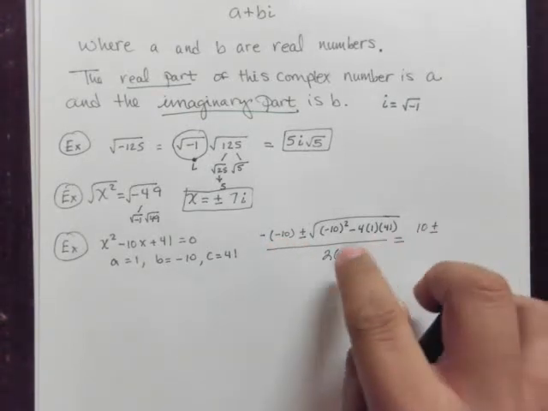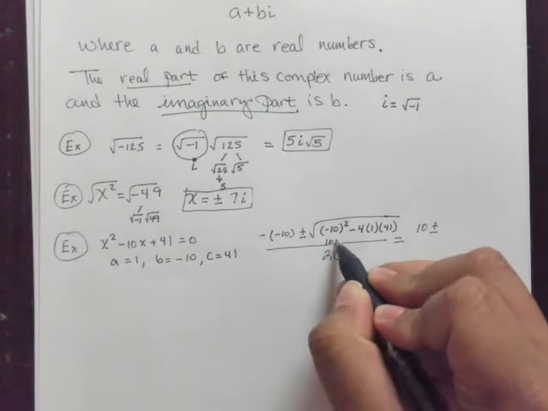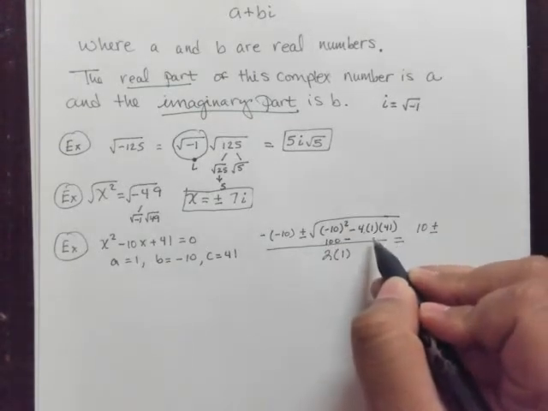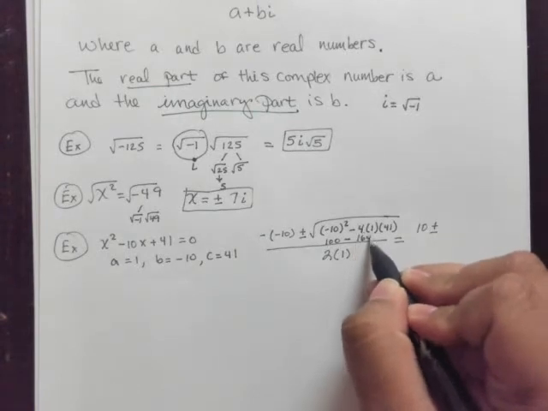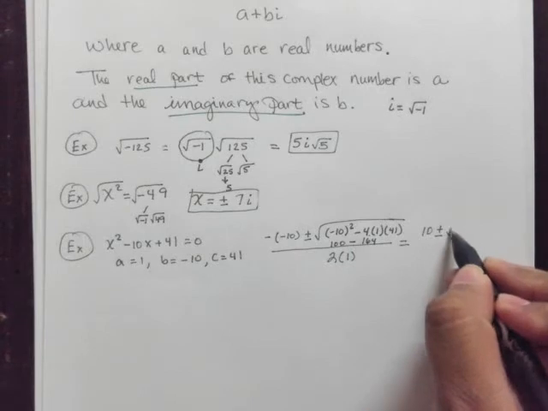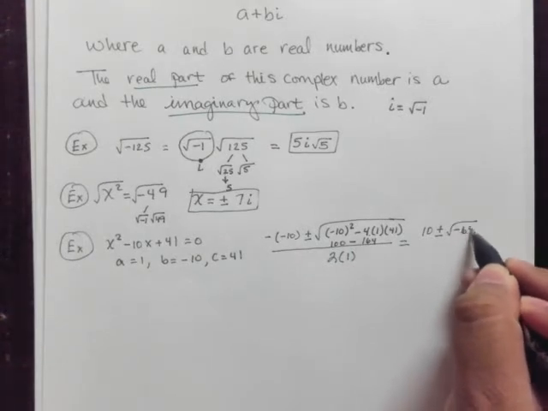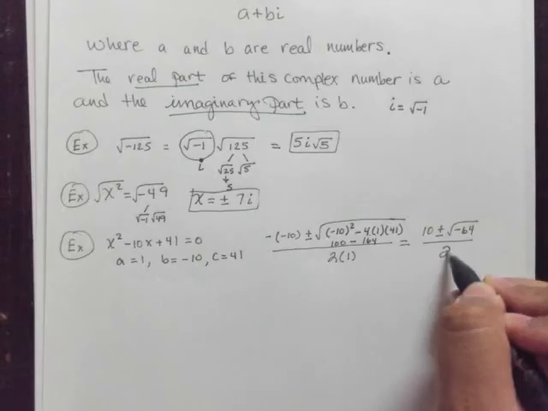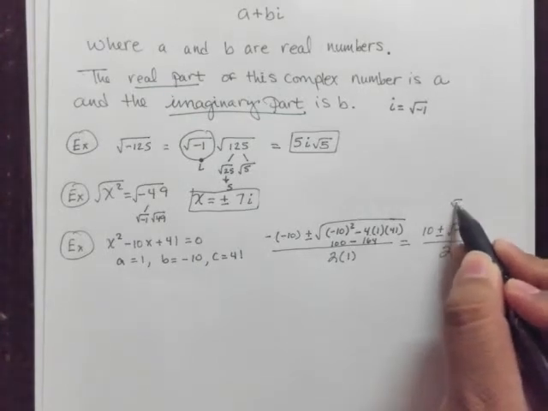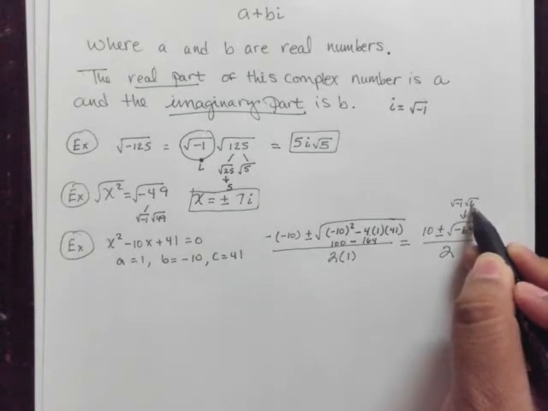10 plus and minus. Now this right here happens to be 100 minus, and 4 times 41 is 164. So 100 minus 164 is the square root of -64, and then divide by 2. Well, let's remember this right here is the square root of -1 times the square root of 64.